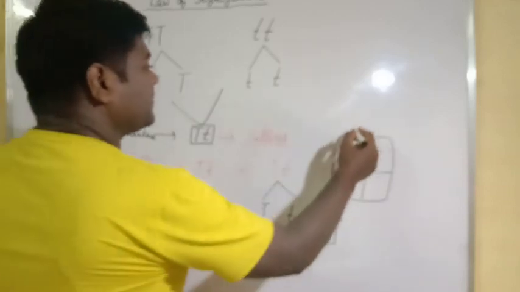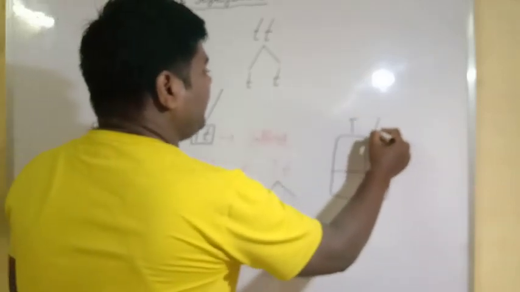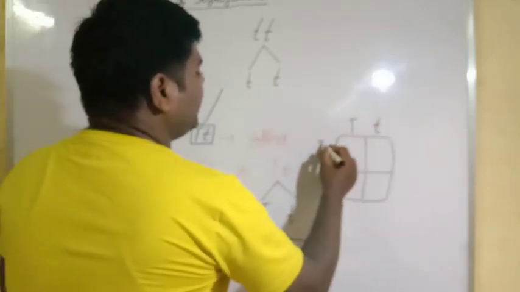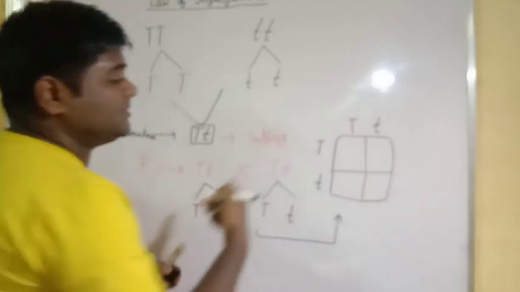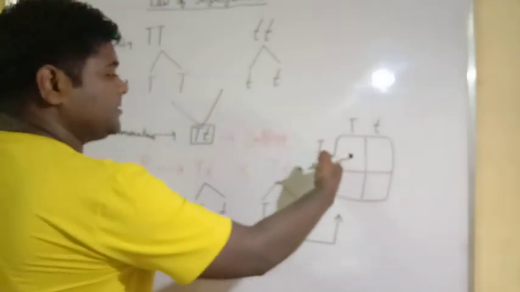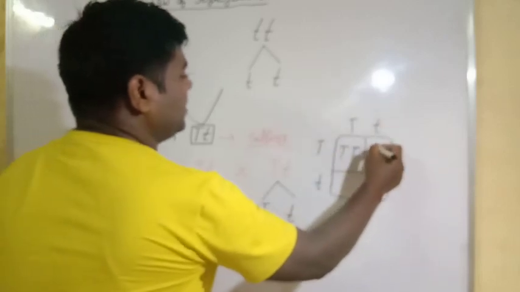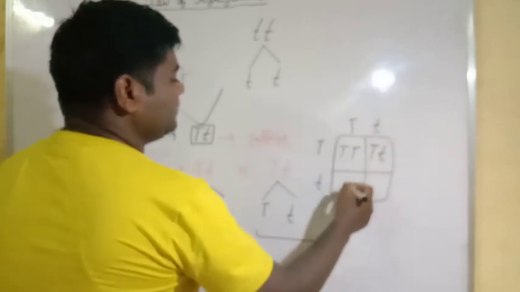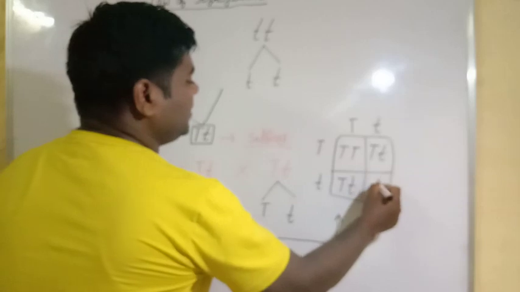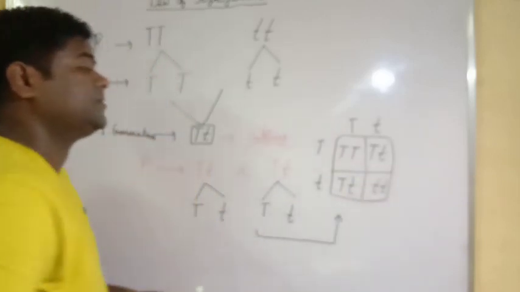One parent we have to show here, and one parent we have to show this side. So you have to match this one, capital T, capital T, capital T, small t, and small t, small t.